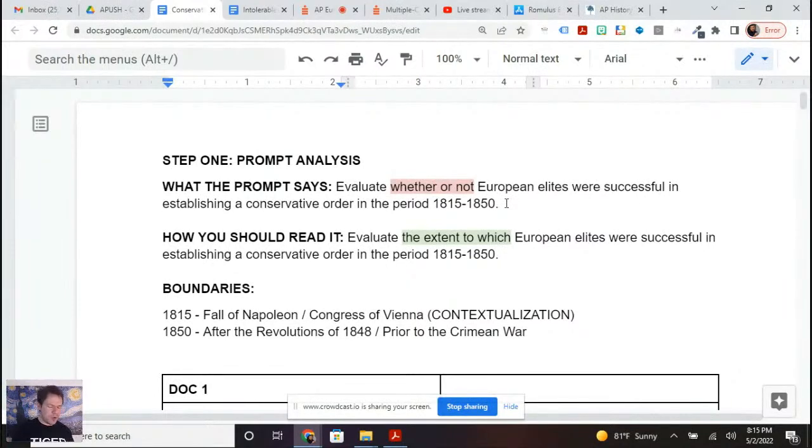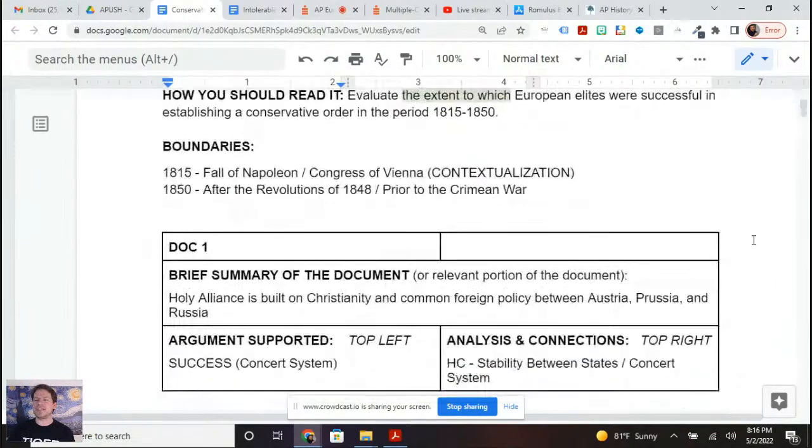Now, the way that I'm going to read this, because I don't like the whether or not, I think it's better to read the prompt as what they're really asking: evaluate the extent to which European elites were successful in establishing a conservative order in the period 1815 to 1850.